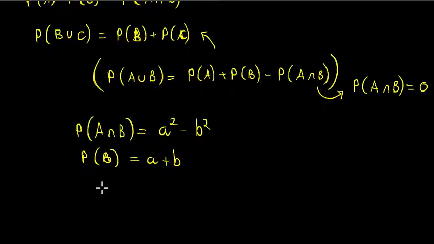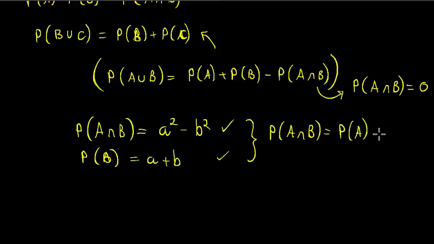This is the information that we know. We also know that they are independent, which means that P(A and B), the intersection, is equal to P(A) times P(B).